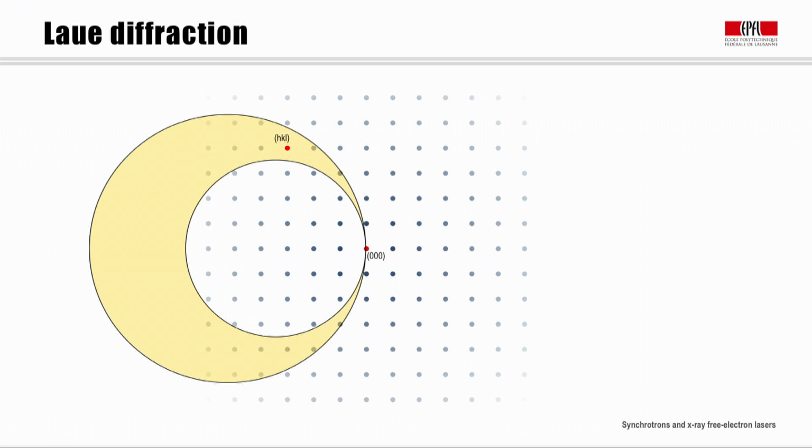This is a sphere which intersects both the 0, 0, 0 and HKL spots and is symmetric around the incident beam direction, as shown here with the dot-dashed circle. The two radii of this circle that connect the circle's center to 0, 0, 0 and HKL subtend an angle 2θHKL.